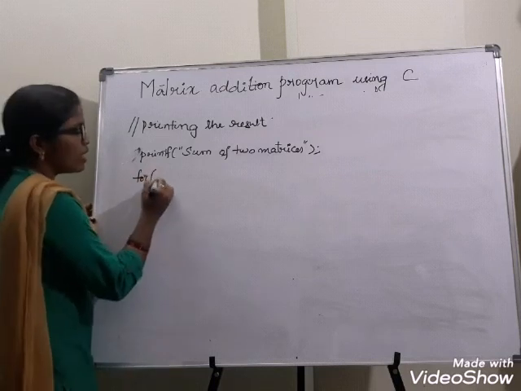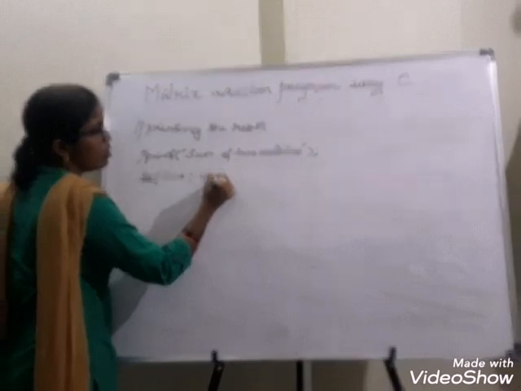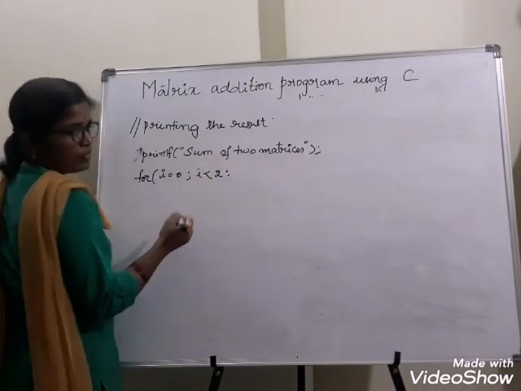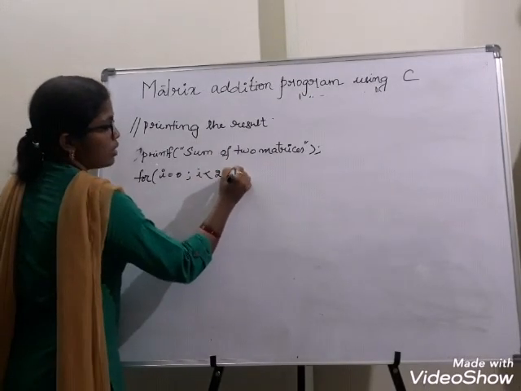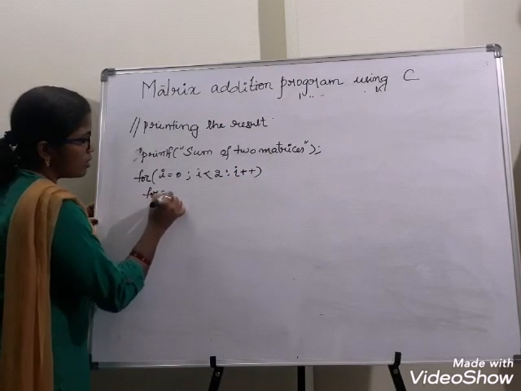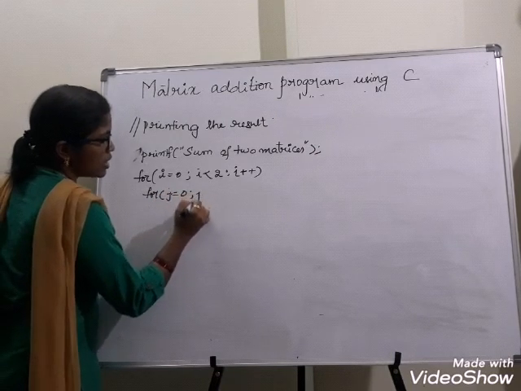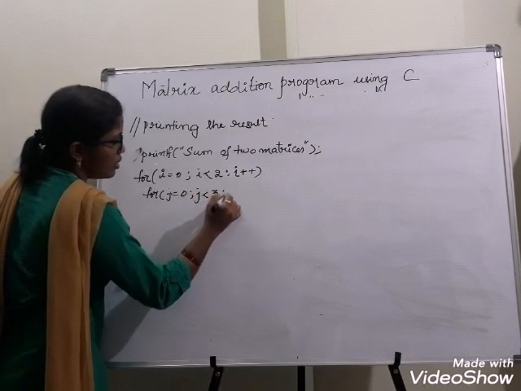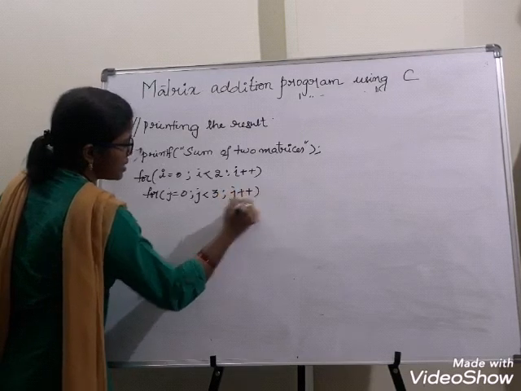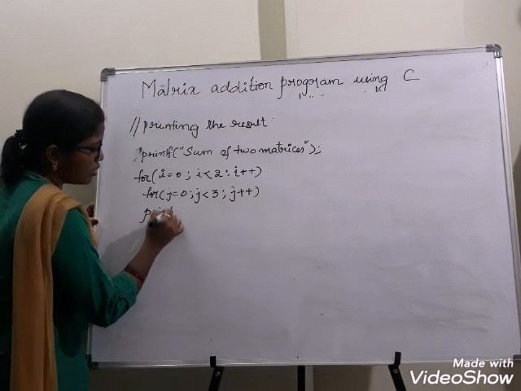So again I have to take the loop variables. For i equals to 0, i less than 2, i plus plus. For j equals to 0, j less than 3, j plus plus. And I want to print the output.